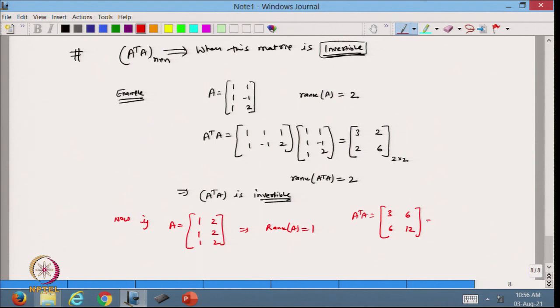And you can see from here that I can write this as 3, 6, and just 2 times 3 and 2 times 6. Now the rank of A transpose A in this case is 1. So, from here I can say that A transpose A is not invertible.